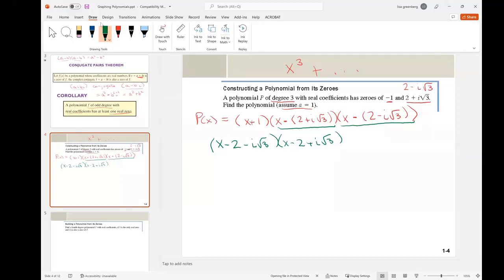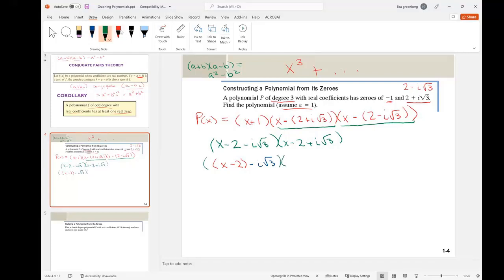Now, because I know that if I have (A plus B) times (A minus B), it's always going to equal A squared minus B squared, I'm going to use that fact. And I'm going to change the order of the parentheses here. Let x minus 2 be one part, minus I times the square root of 3.